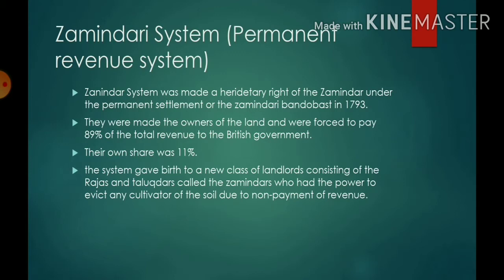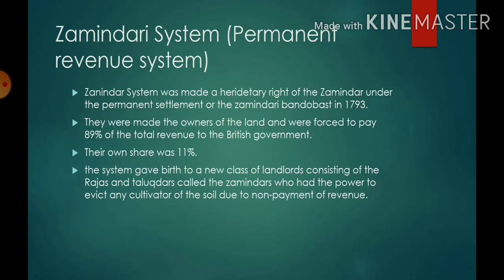The system gave birth to a new class of landlords consisting of the Rajas and Talukdars, called the Zamindars, who had the power to evict any cultivator of the soil due to non-payment of revenue.